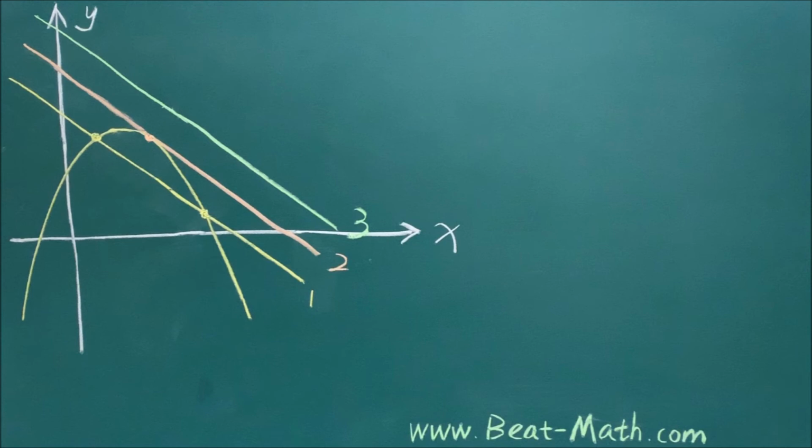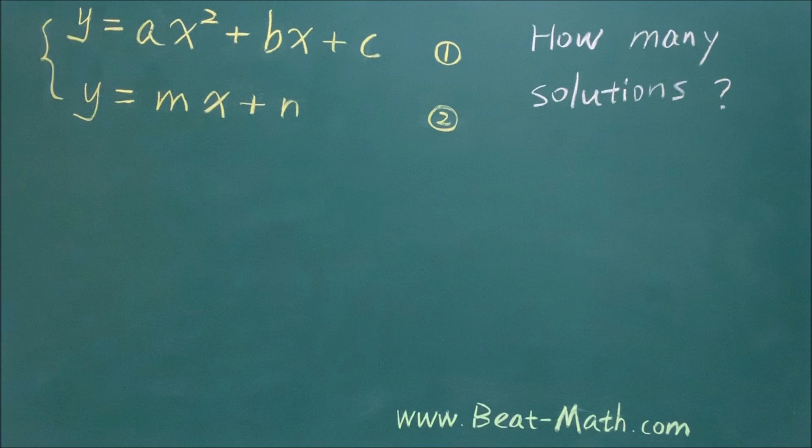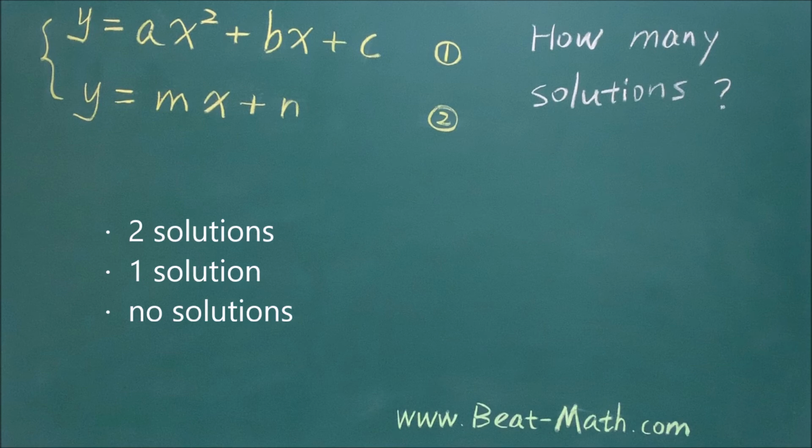When the line is at position 3, there is no intersection. The same thing happens when the curve opens up. So we get the answer to the question. There are 3 possibilities of the number of solutions: 2 solutions, 1 solution, or no solutions. It's not that difficult, is it?